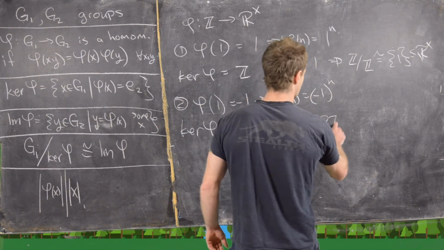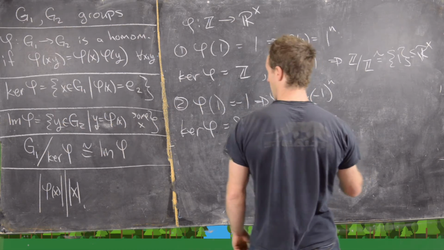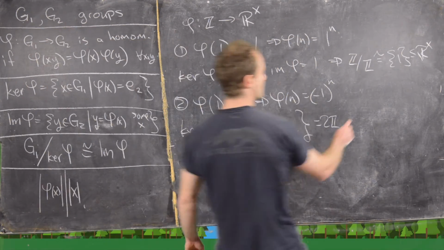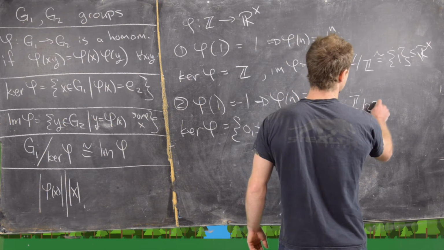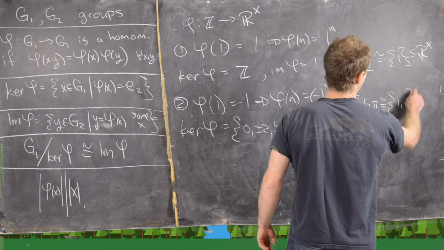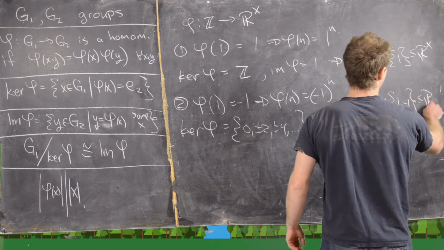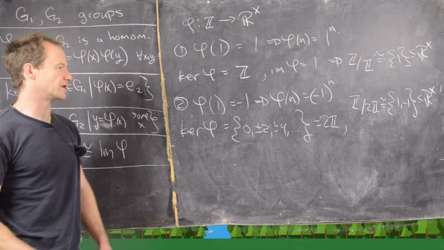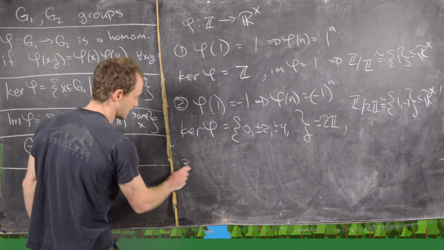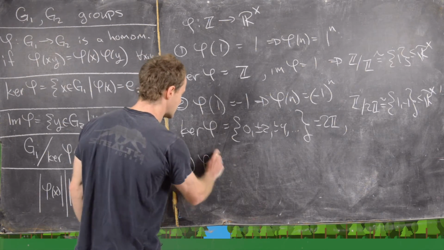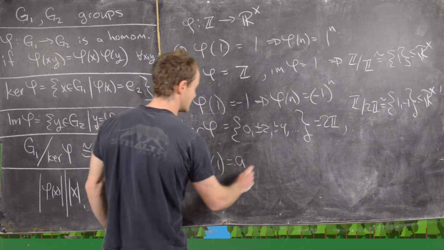So again, we generally call this 2Z, and then applying the first isomorphism theorem, we see that Z mod 2Z is isomorphic to this group made up of 1 and negative 1 within the group of non-zero real numbers under multiplication.